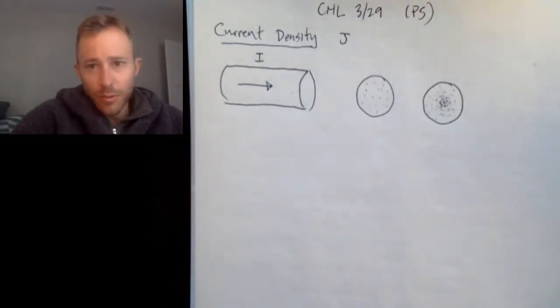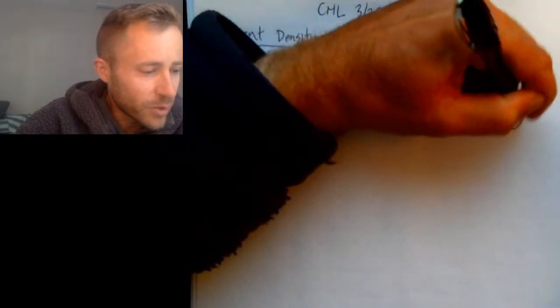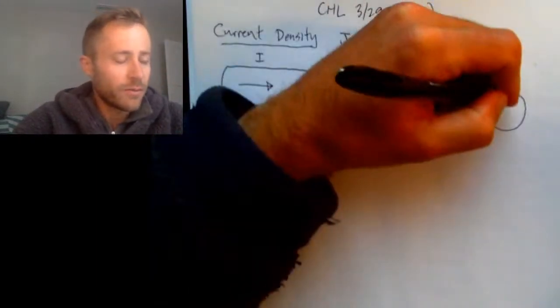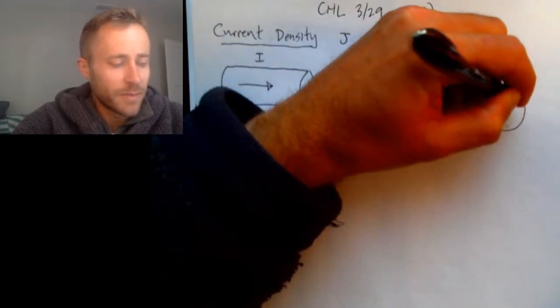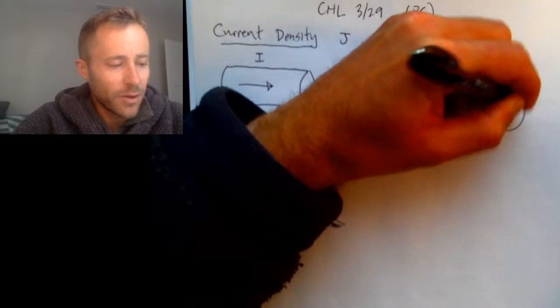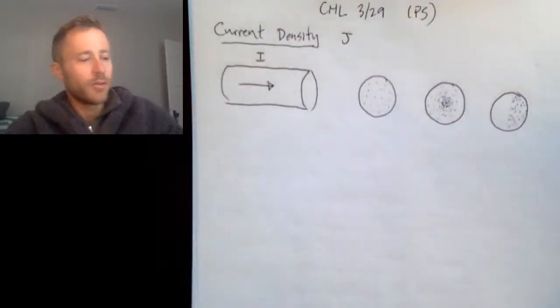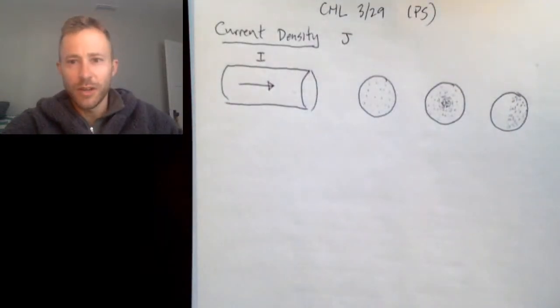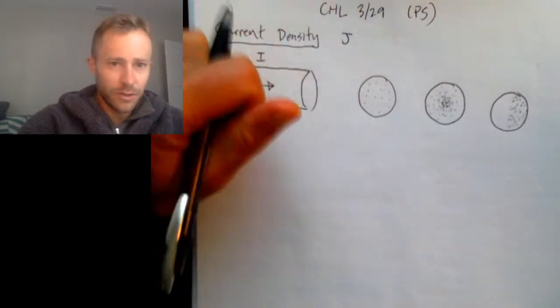Or you could have the reverse of that. You could have more current on the outside. Or you could have current on one side of the wire only, so current is only flowing down one side of the wire. So this is what the current density is describing.